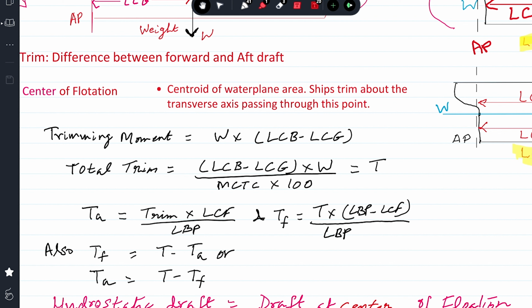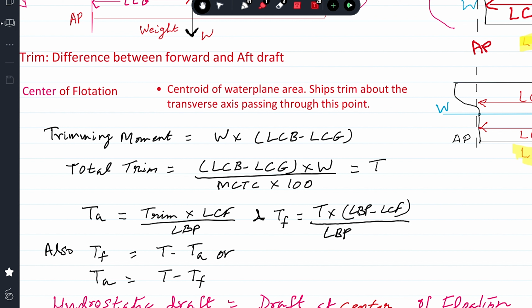Remember, the hydrostatic particulars are given for salt water, especially in questions on ships. Mostly all hydrostatic particulars of a vessel will be given for salt water. So you have to be careful that when you enter the hydrostatic particulars, it is for a ship floating in salt water.